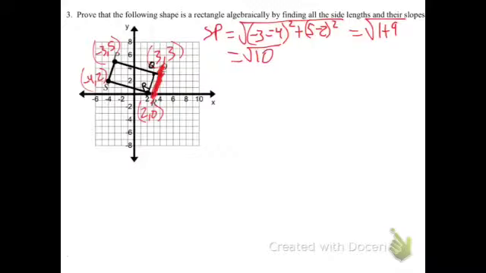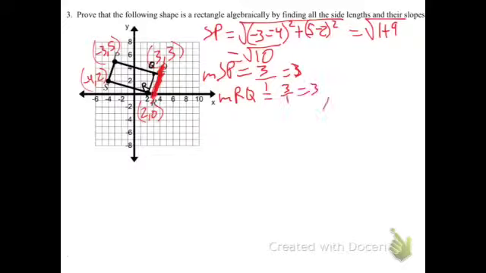That's the distance. And so something to note, that rise over run part, as in the slope of SP: the rise is 3, the run is 1, so you have a slope of 3. And if you look at RQ, the slope of RQ is actually the same thing. It's 3 over 1, which is equal to 3.